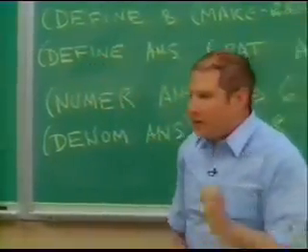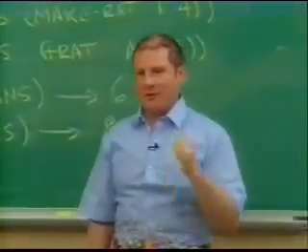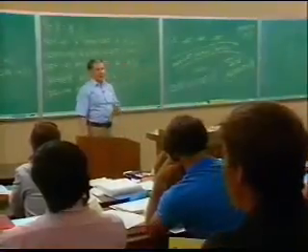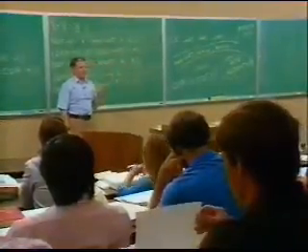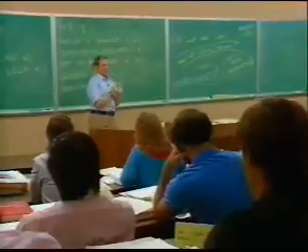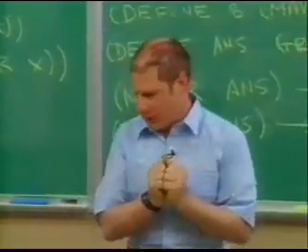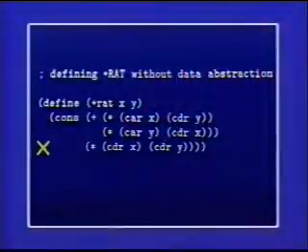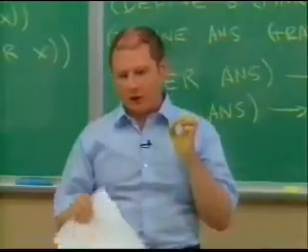Well, it goes back to this notion of naming. Remember, one of the most important principles in programming is the same as one of the most important principles in sorcery. That if you have the name of a spirit, you get control over it. And if you go back and look at this slide, what's in there is this thing plus rat, but nowhere in this system, if I have a plus rat and a minus rat and a star rat and things that look like that, nowhere in this system do I have a thing that I can point at which is a rational number.